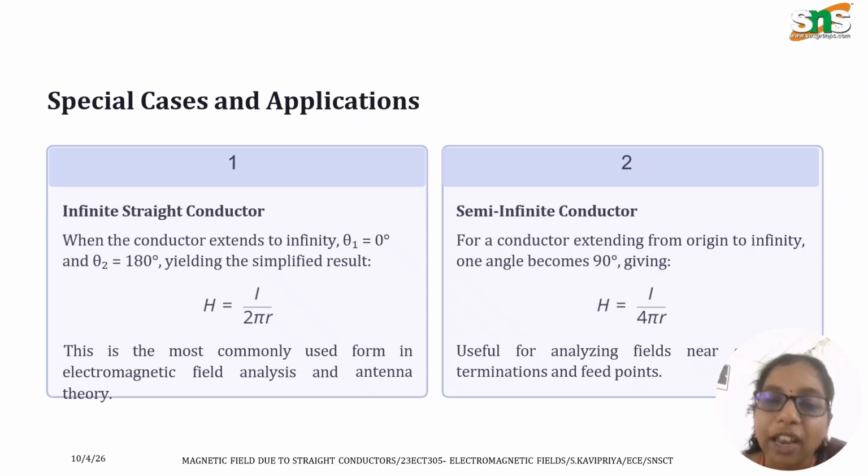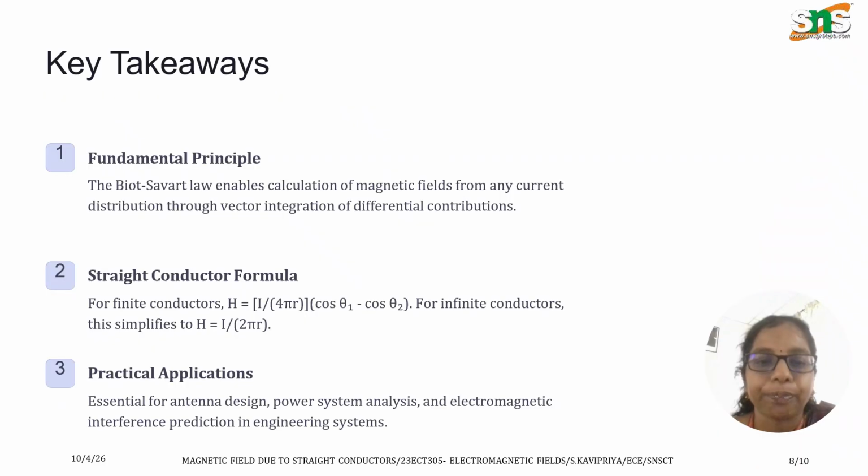Second is the semi-infinite conductor, which means a conductor extending from the origin to infinity. One angle becomes 90 degrees, which gives H as I by 4 pi R. This is used for analyzing the fields near the termination and at field points.